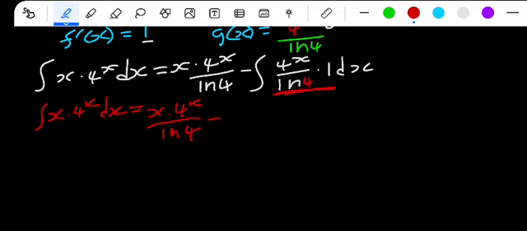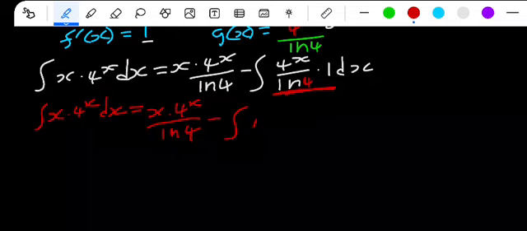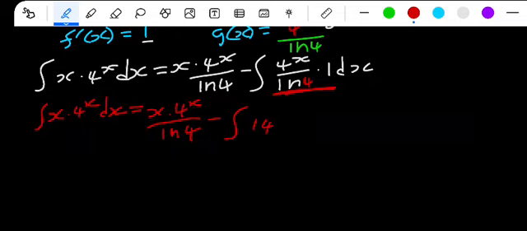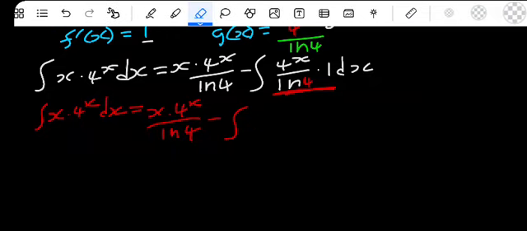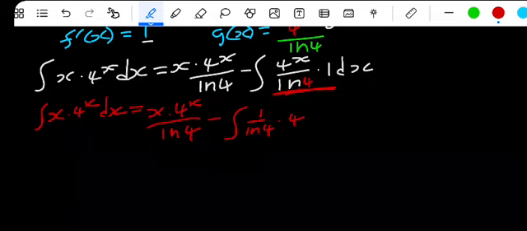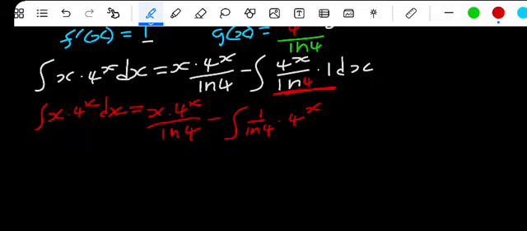When we are trying to remember, ln 4 is simply a number. Let me rewrite this: the whole thing can be written as 1 over ln 4 multiplied by 4^x dx.